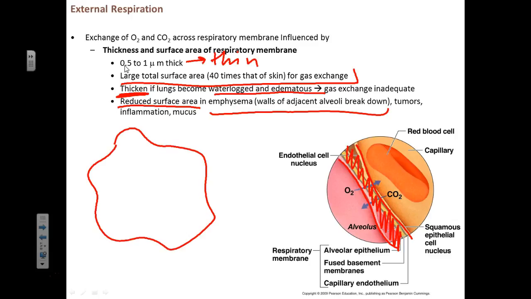So obviously this is much less space than something like that. Does that make sense? So when alveolar walls start to be destroyed by inflammation, for example, that decreases the total surface of the respiratory membrane, and decreases the exchange.